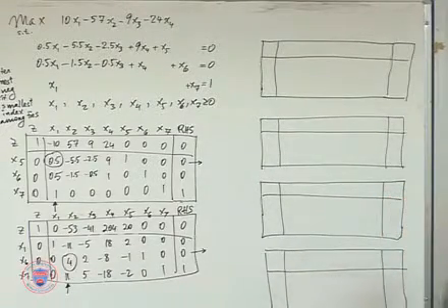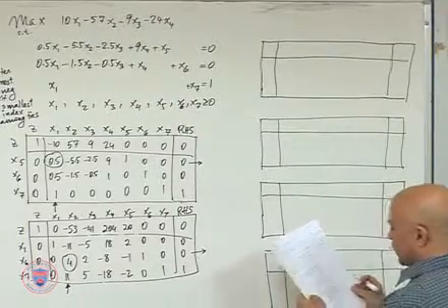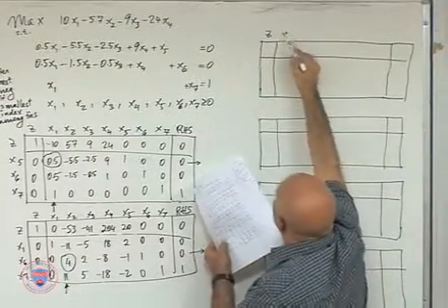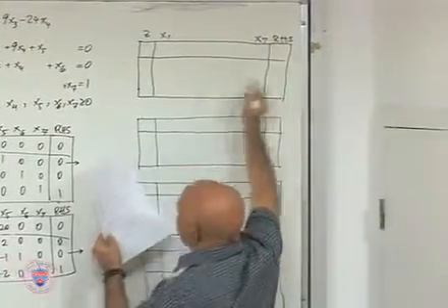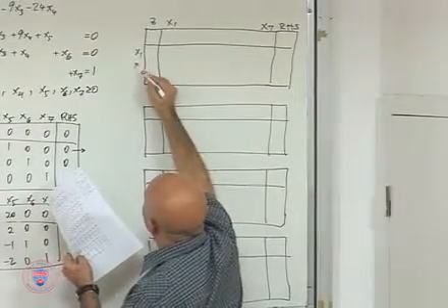I'm going to write down the last tableau somewhere else once we fill this in. So in this case, this tableau has the following: x1, x2, x7.